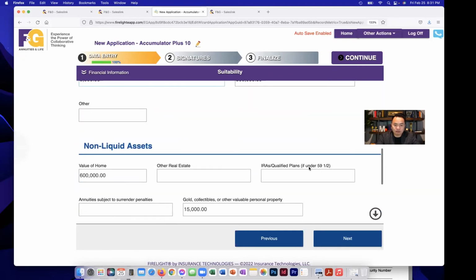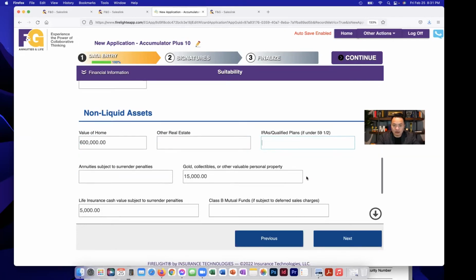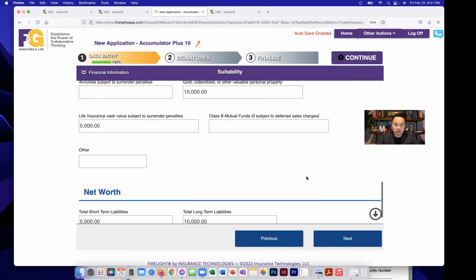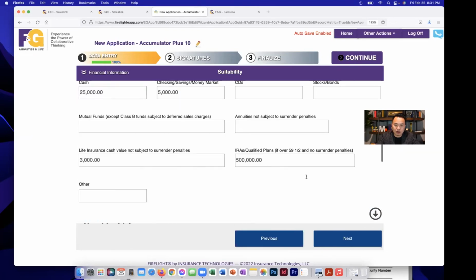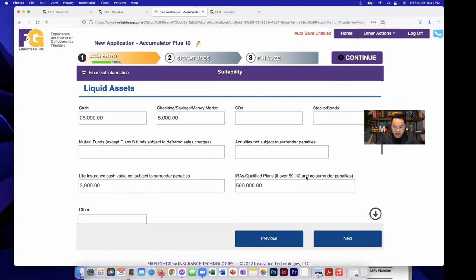Non-liquid asset, value of the home, I just put 600,000. Other real estate, no. Here's another issue that a lot of people have problems with. The IRA qualified plans being transferred over is 500,000.